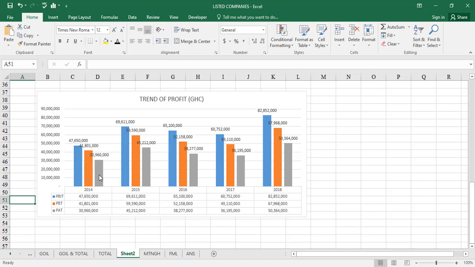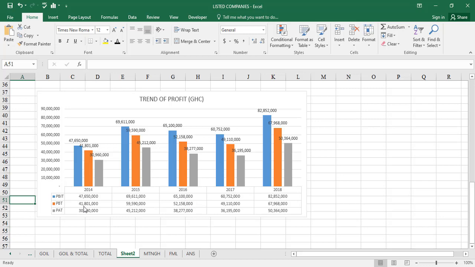So we realize that over the 5-year period from 2014 to 2018, the company has nearly doubled its profit before interest and tax, from 47.6 to 82.8 million, or they have added about 40 million Ghana cedis, with their lowest amount being 2016. Of course, we saw that the revenue declined in 2016.